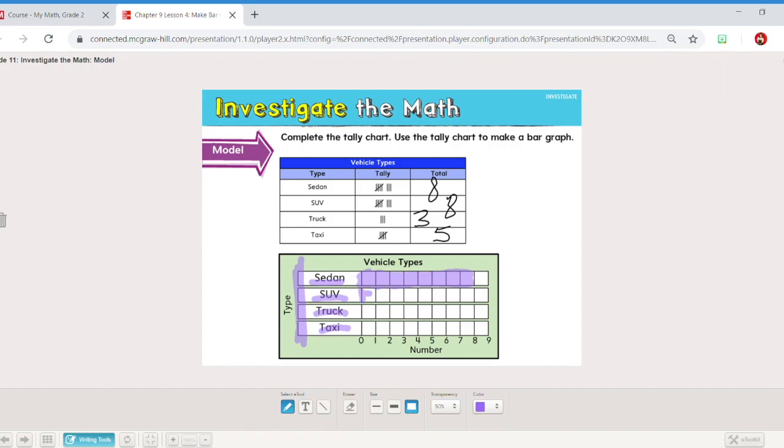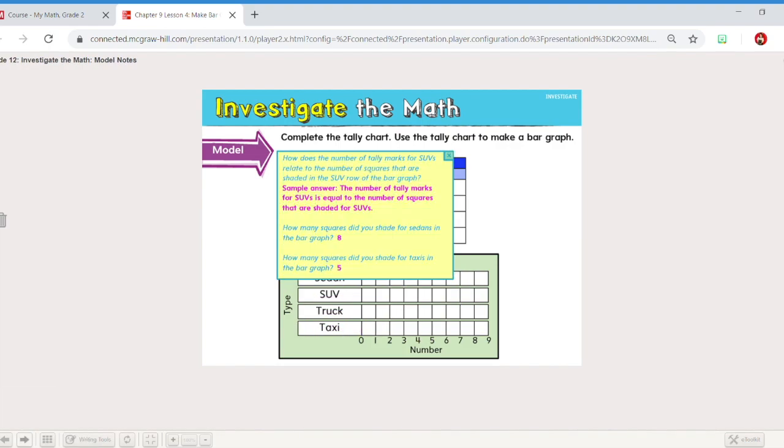Also 8 SUVs, count it out and color it in. I want to make sure it's all the way colored in so I can really see my data and not get confused on it. For the truck, there was 3. On the taxi, there was 5. And there's our chart. We were able to turn one graph into another.